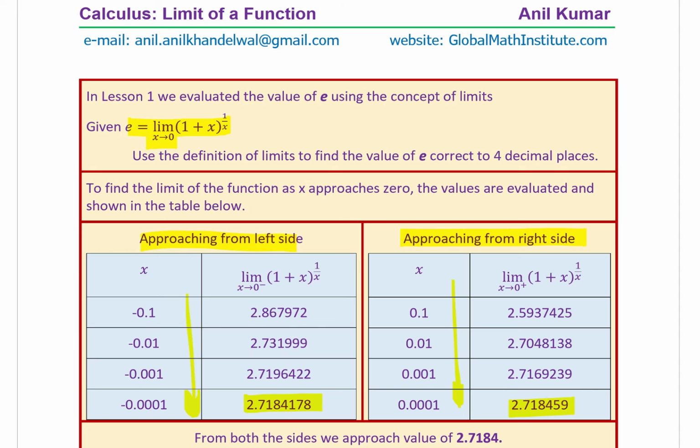But that brings us to another important concept which is relevant now. When you substitute 0 here, what do I get? I get 1 plus 0 to the power of 1 over 0. So it is basically of the form 1 to the power of an infinitely large value. Now that is an indeterminate form.